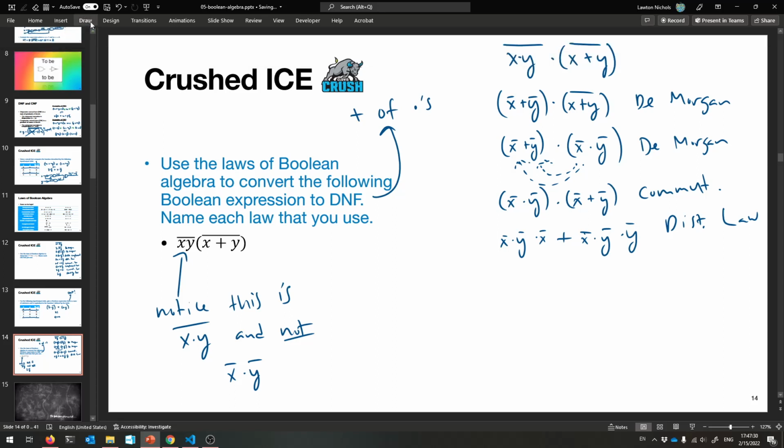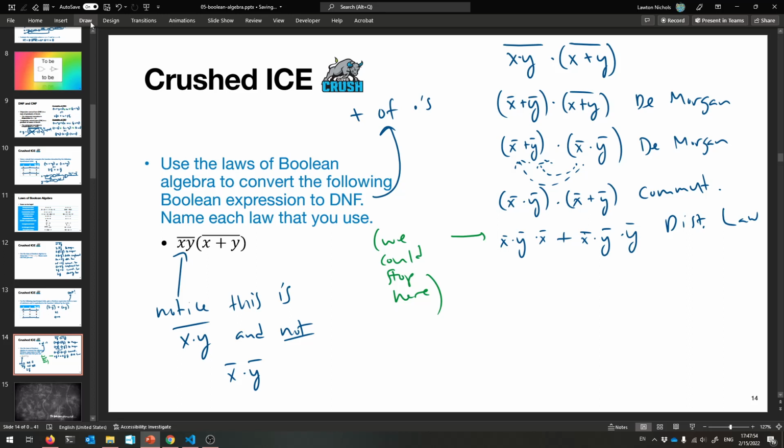So, notice that this is an answer. This is DNF now. We have made it a sum of minterms, a conjunction, or a disjunction of conjunctions. It's hard to remember. So we could technically stop here, but let's not, because we can do better than this.